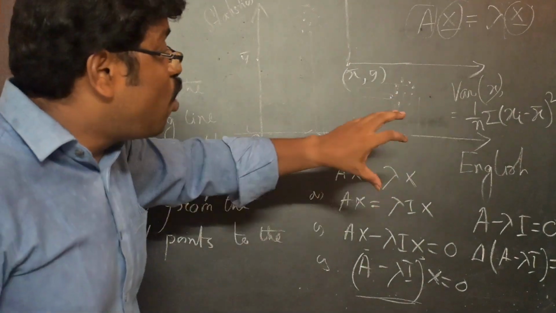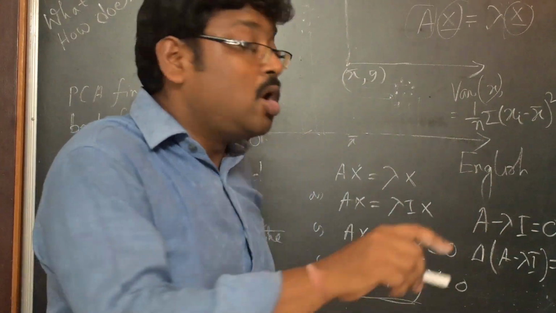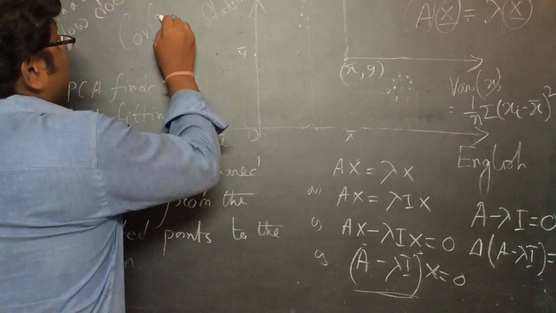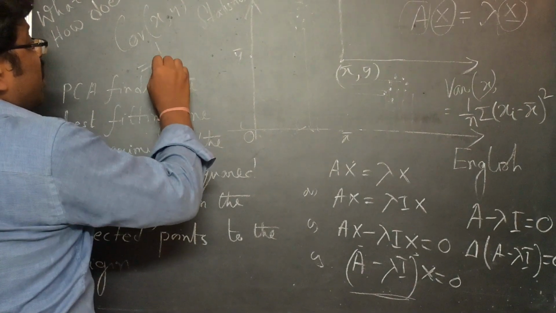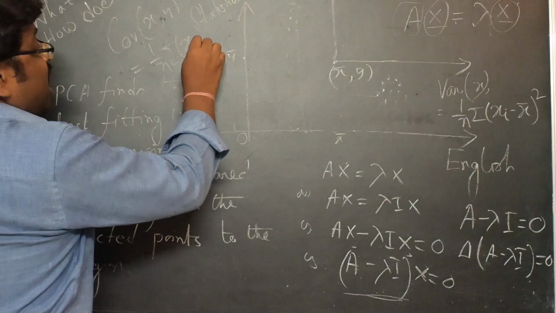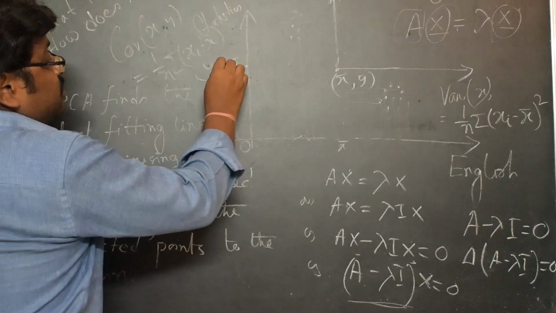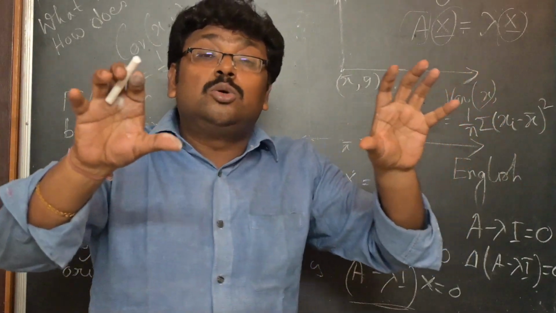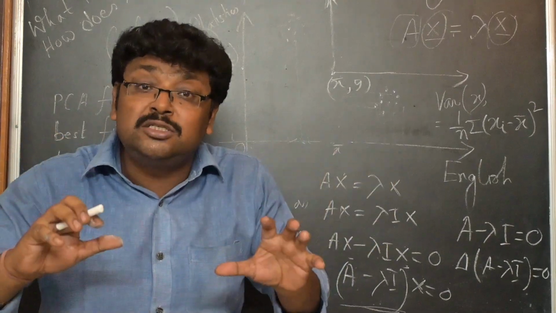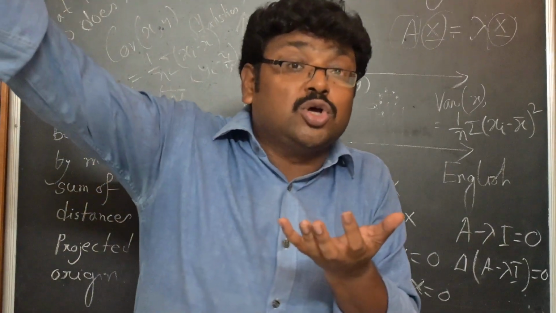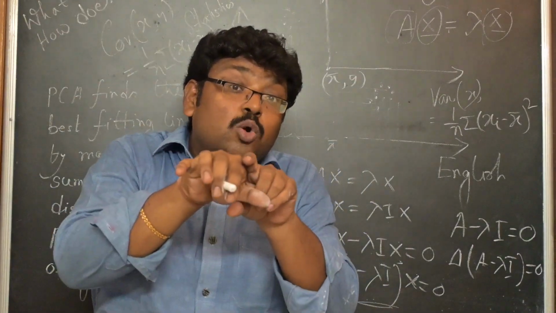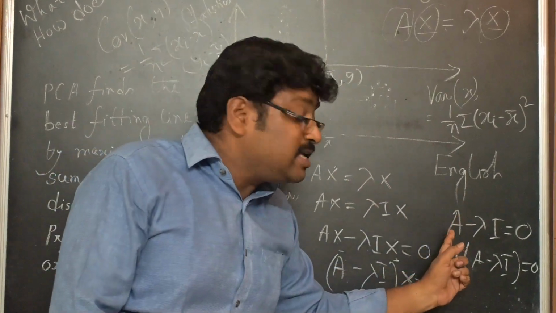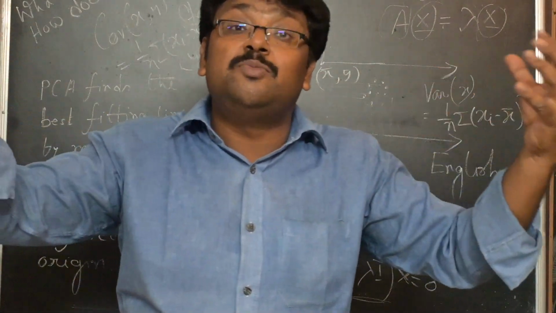And covariance means there are two variables: covariance of x comma y equal to 1 by n summation of xi minus x bar times yi minus y bar. By using this formula, we can find the covariance. Covariance means the deviations of the variables from their corresponding means. So the matrix A is nothing but the covariance matrix.